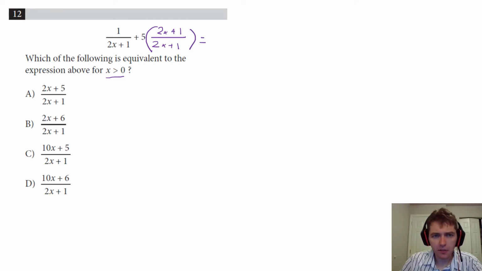So simplify that through. You can leave your 1 divided by 2x plus 1 there for now, and plus, at this point, just multiply. When you do this multiplication, you just multiply that 5 by the numerator. So you have 10x plus 5 over 2x plus 1.